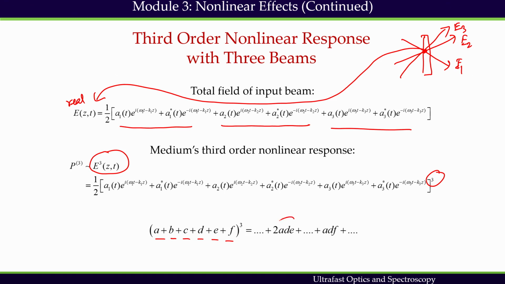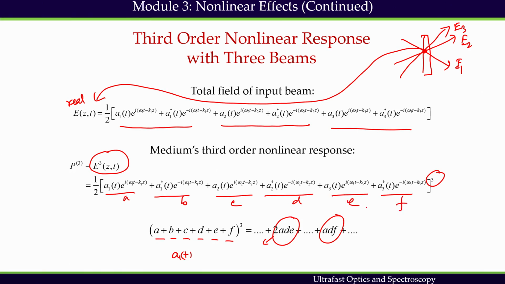One is ADE, another one is ADF. For the ADE term, I can write it as: A is A1(t). From here it is A, this is B, this is C, this is D, this is E, and this is F.